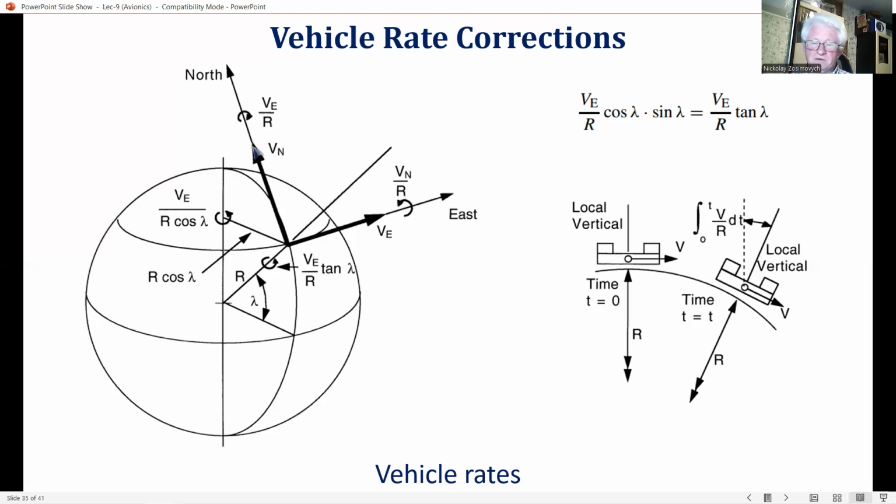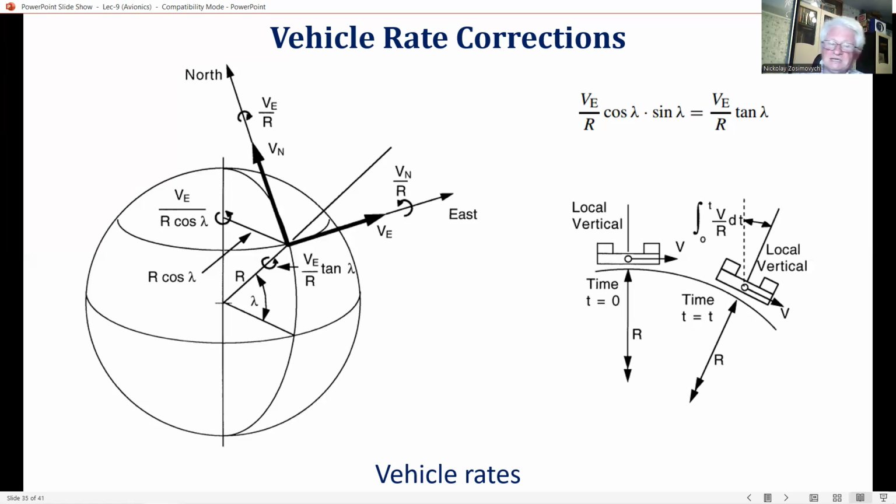Another component we have here is about the north pointing axis, V_E over R, where V_E is the easterly component of the aircraft velocity. These angular rates are referred to as the vehicle rate.